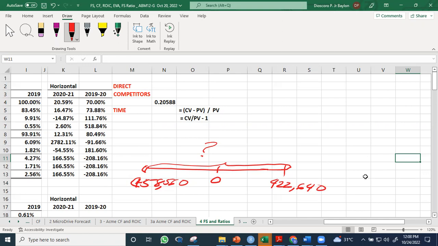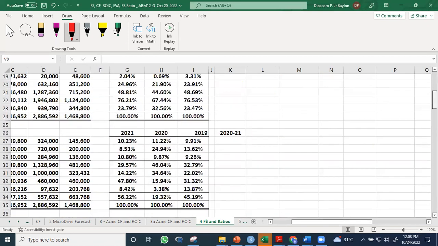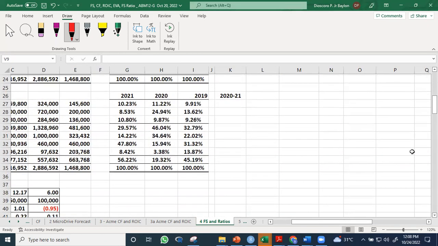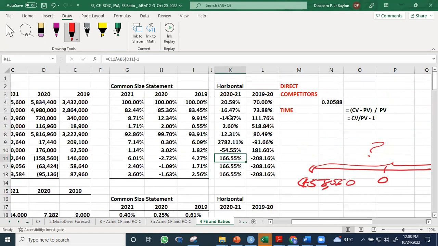Ibig sabihin yung formula natin dito, medyo may mali pa. Kanina, mali kasi naging negative. Nung hindi pa natin binago to, ginawa natin absolute, di ba? Balikan natin to, ha? So, I'll delete yung absolute value.